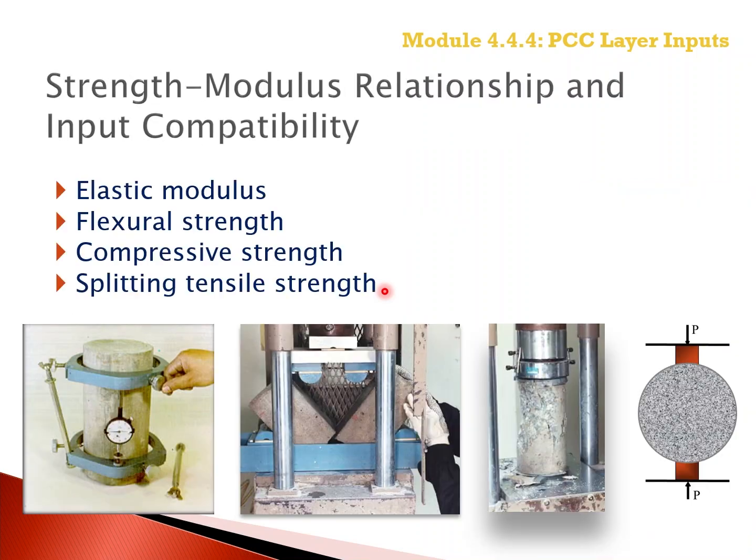We just covered and explained the different response and strength properties that are needed to use the PMED software for rigid pavement design. In addition, we reviewed the different hierarchical input levels for PCC regarding strength and elastic modulus. There is a relationship between strength and elastic modulus, so elastic modulus can be calculated from one of the strength measurements for input level 3.